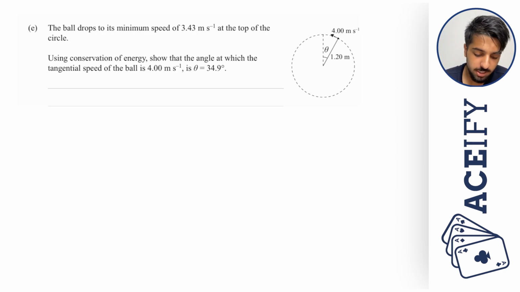Using conservation of energy, show that the angle at which the tangential speed of the ball is 4 meters per second is theta equals 34.9 degrees. Okay, so this question may seem a bit daunting at first, but when you break things down, it starts to make some sense.